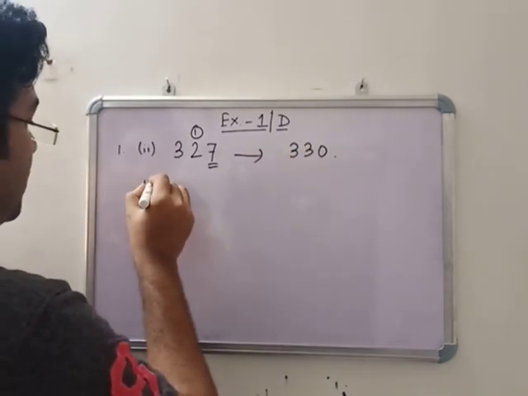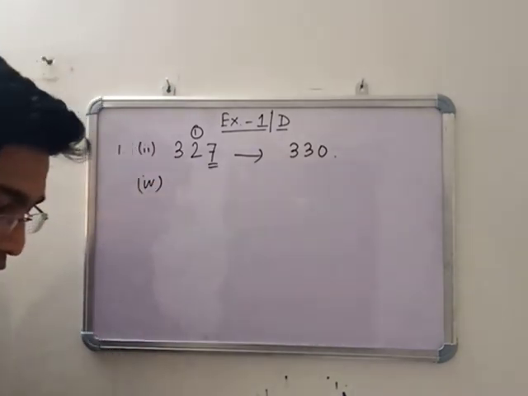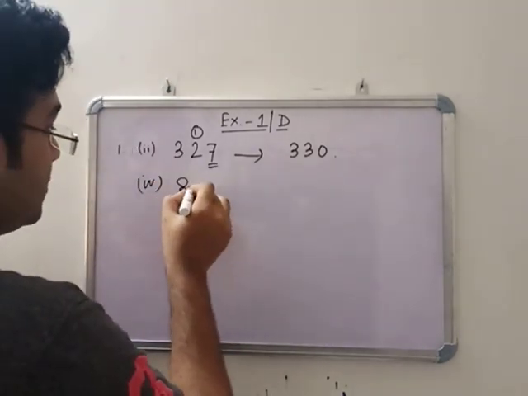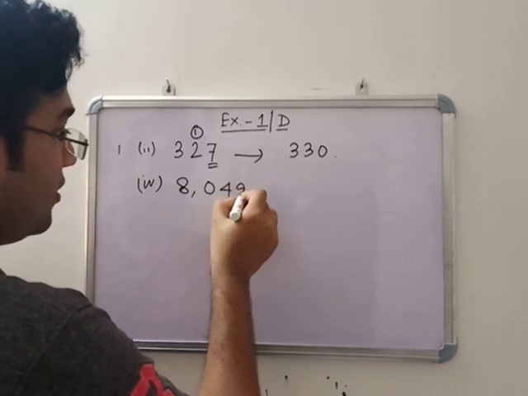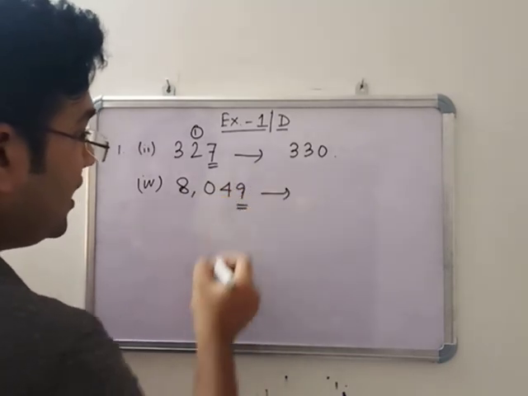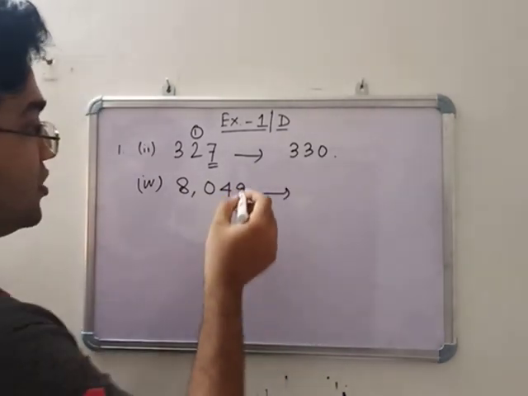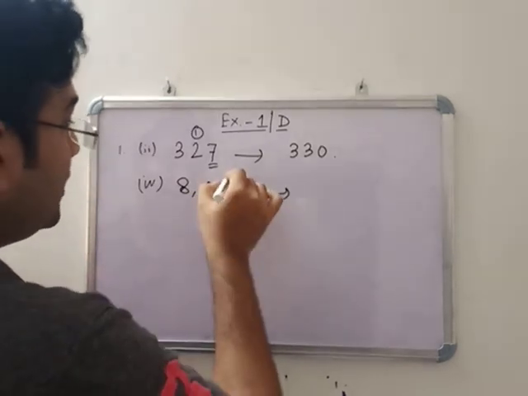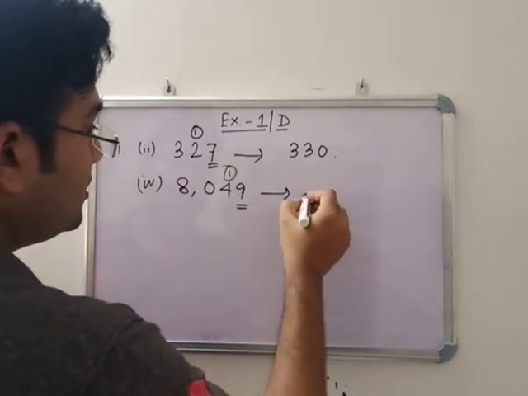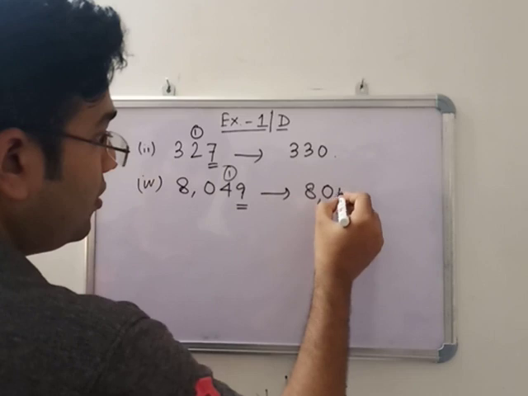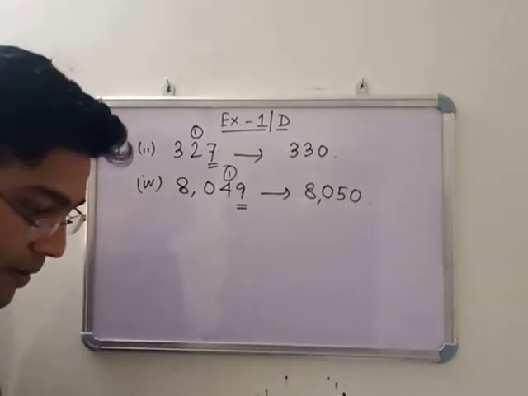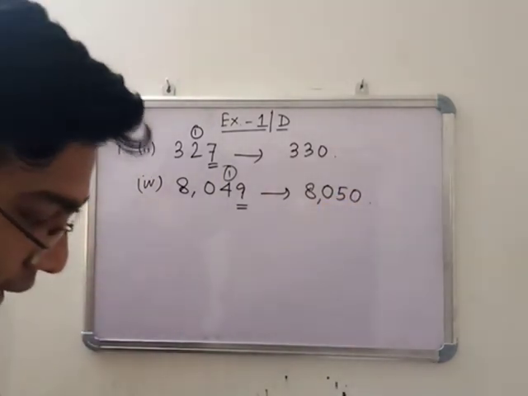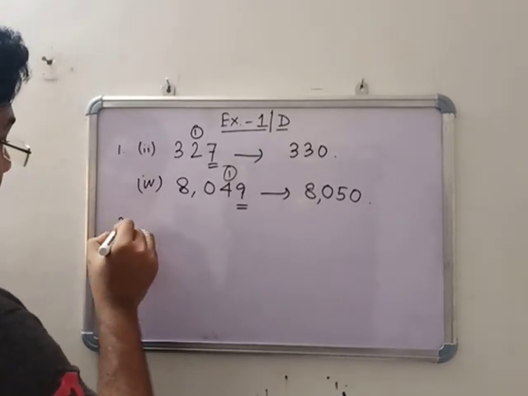Next, number 4. In 4, see that 8049 is given. The last number is 9 here. That means we have to add 1 in the position of tens. That means 8050.